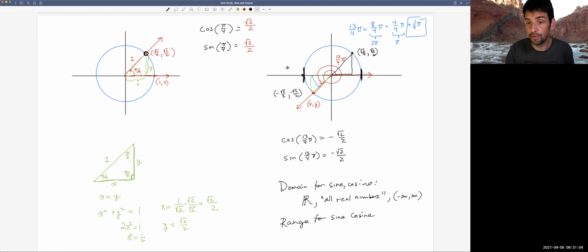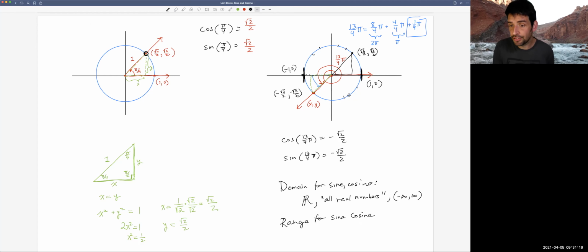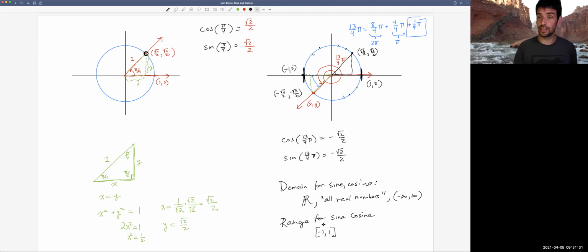So this is the point -1, 0. This is the point 1, 0. And those x values are all I care about. Any x value between -1 and 1 corresponds to some point on this circle, right? Whether it's along the top or the bottom. Pick 1/2, somewhere in here, there's an intersection with 1/2. And so its range is -1 to 1 inclusive, meaning including that they can actually achieve the values -1 and 1.